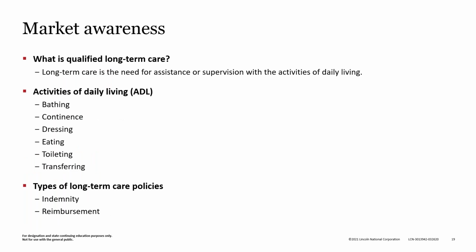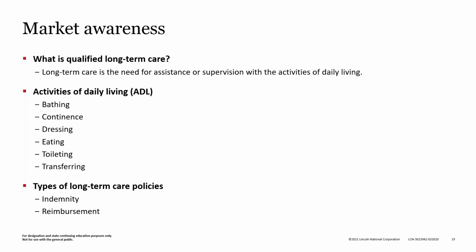So what is long-term care? Qualified long-term care is a need for assistance or supervision with activities of daily living. If you lose your ability to independently perform at least 2 activities of daily living for at least 90 days, and that's the long-term nature of it, or require substantial supervision due to a severe cognitive impairment, i.e. Alzheimer's or Parkinson's, long-term care protection can help you cover those costs.